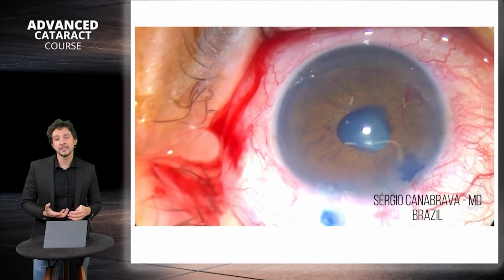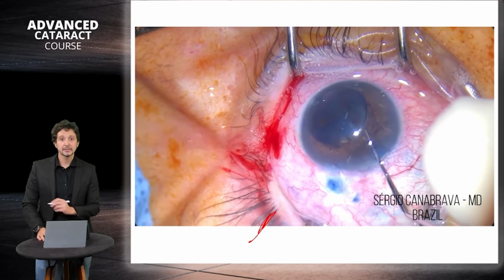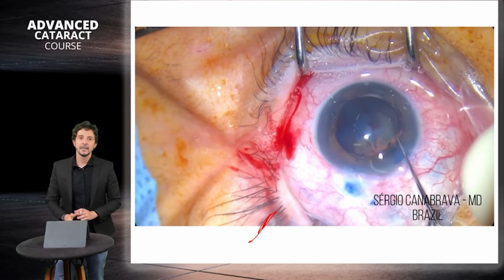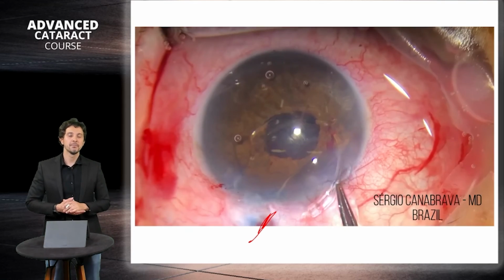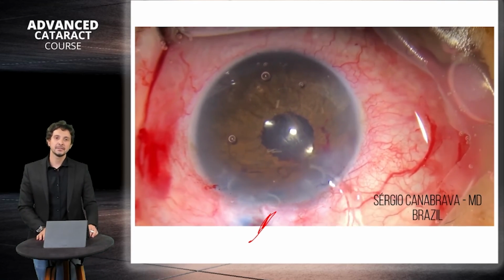and so in this case I can create space in the anterior chamber. And so here I'm inserting the Cionni ring, and so I can perform the cataract surgery and remove the ring, as you can see in this case.